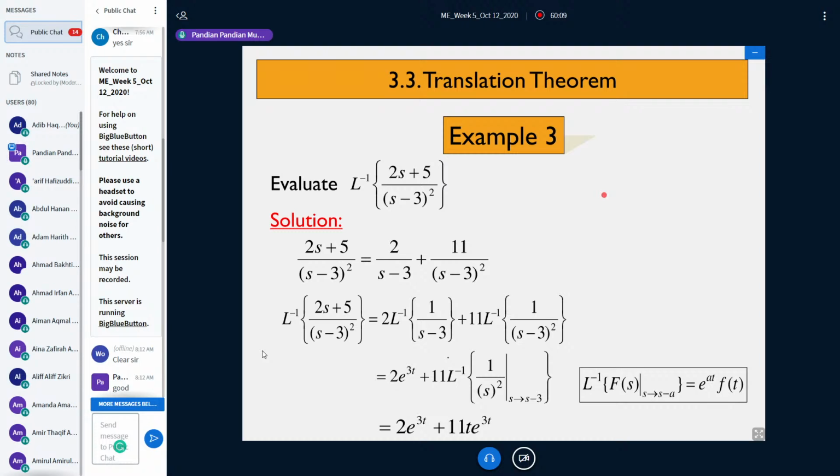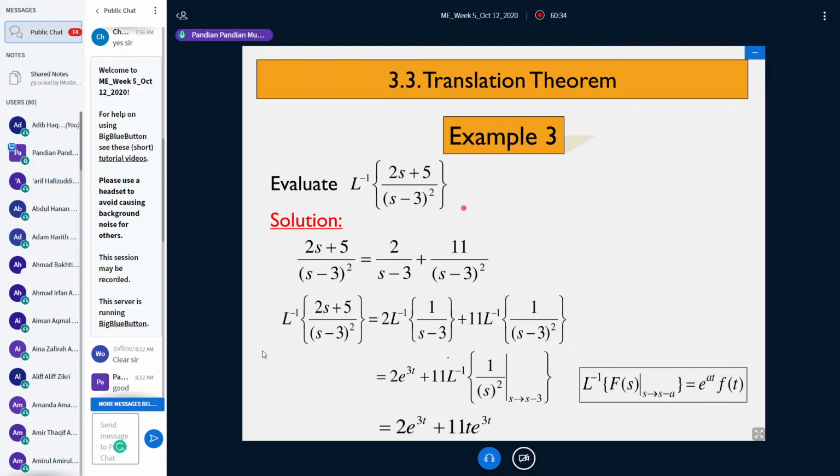There are 2 columns in the table, with 6 formulas. Start with (px plus q) divided by (x minus a)(x minus b). You must write A over x minus a plus B over x minus b. This is what we call partial fractions. Solving partial fractions falls under algebra.